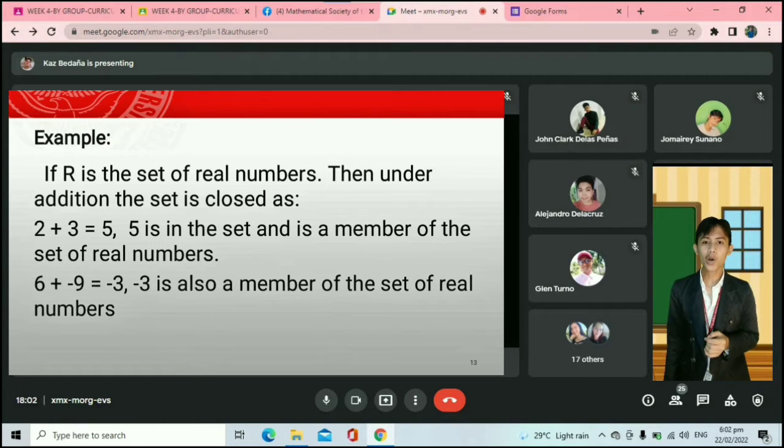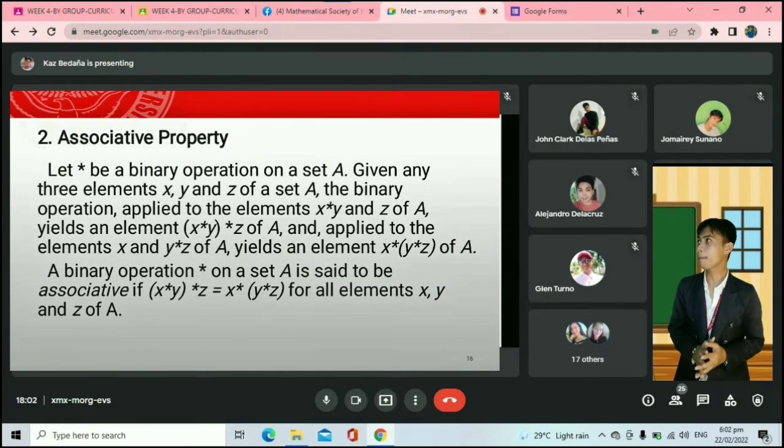Okay, let's proceed. The second property is the associative property.